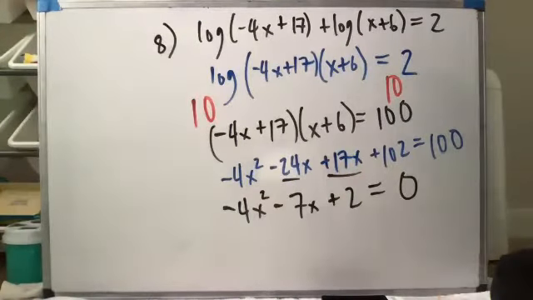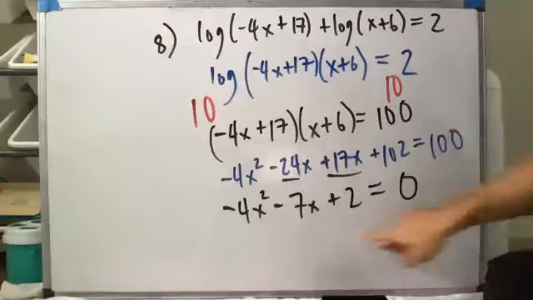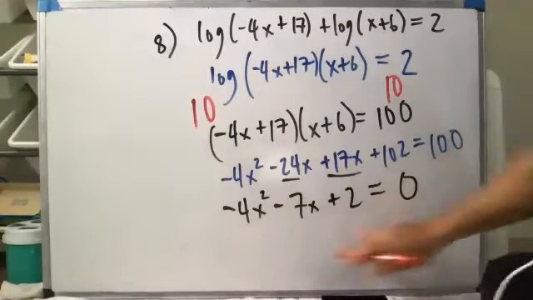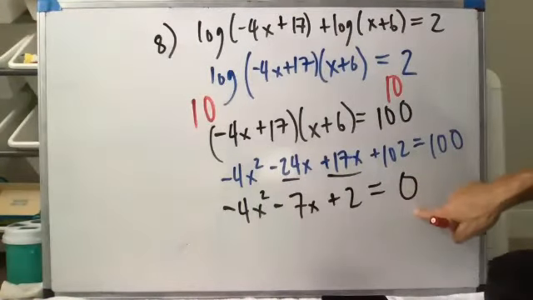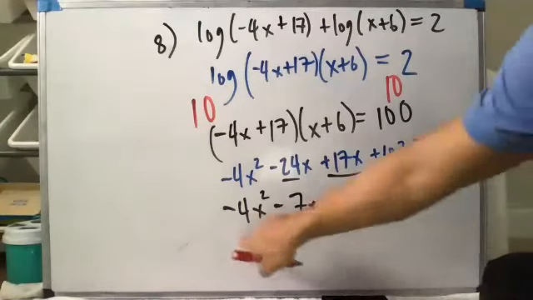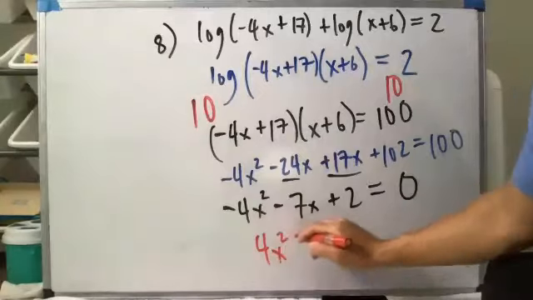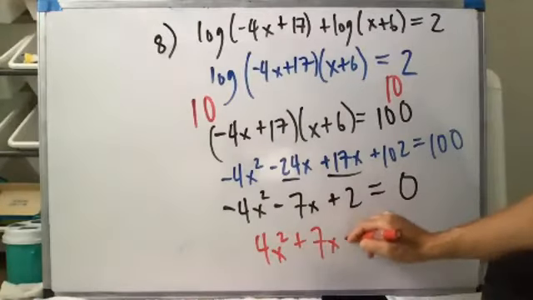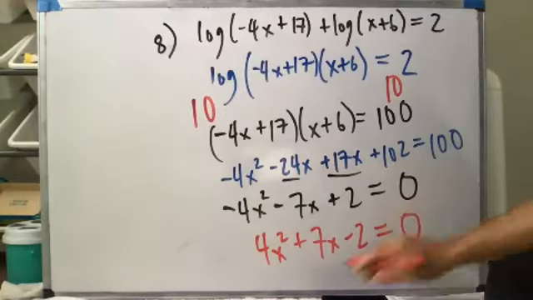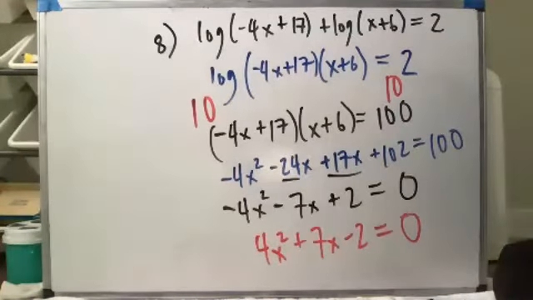I don't think it's going to factor. But I don't really like to work with this negative in the front, so I divide both sides by -1. Dividing 0 by -1 doesn't change it, but I can flip all these signs. So it's 4x squared plus 7x minus 2 is equal to 0. That's the quadratic I'm going to work with.